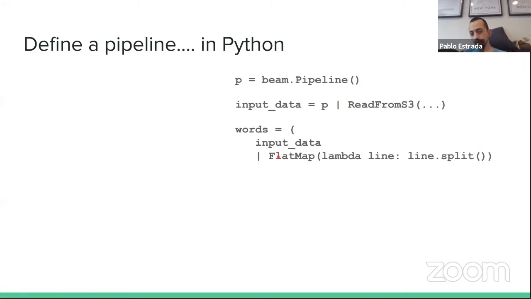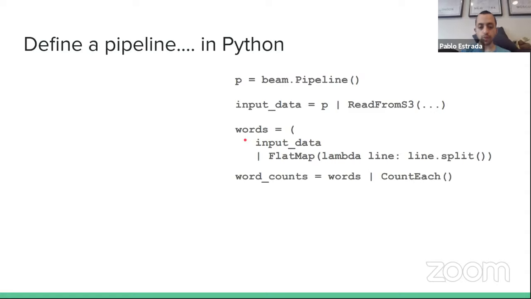Now, this operation is a flat map, where we pass in a function saying that for each line coming from this input data, we're going to split it on its white spaces, right? And this is something that, by the way, is very common in all of these systems. Functional interfaces where you apply a lambda to every single element of this collection. Anyway, so we start with a PCollection of lines in a file, and then we apply this operation to it to get a PCollection of words.